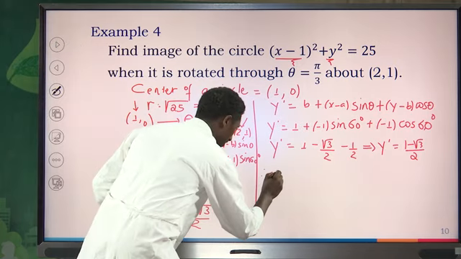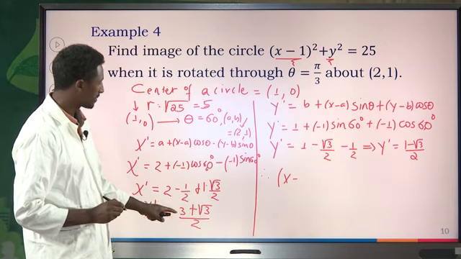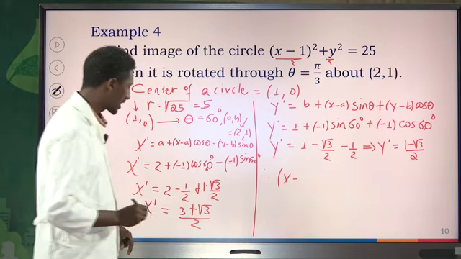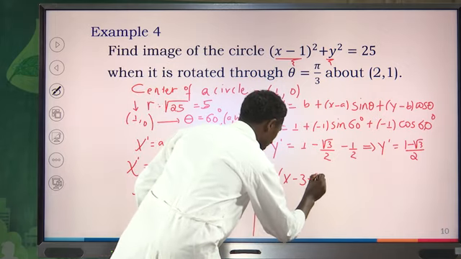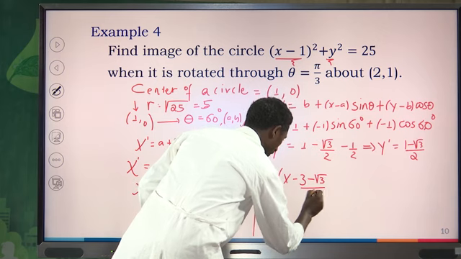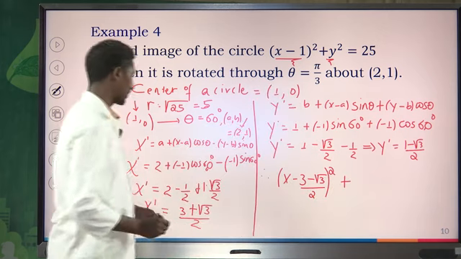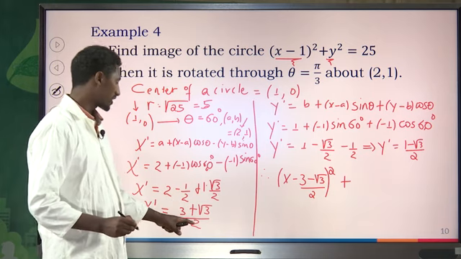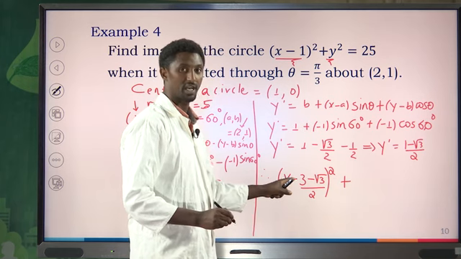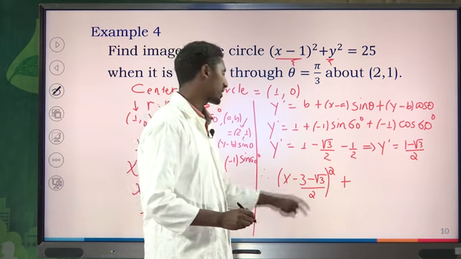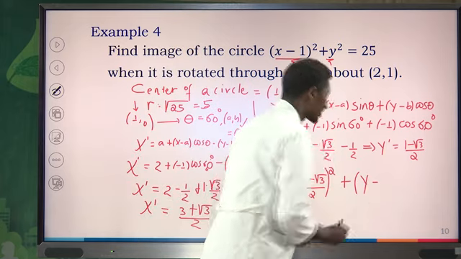Therefore, the image of the circle is (x minus x prime), what is x prime? 3 plus the square root of 3 over 2. So x minus 3 minus the square root of 3 over 2, the whole square, then plus (y minus these values).